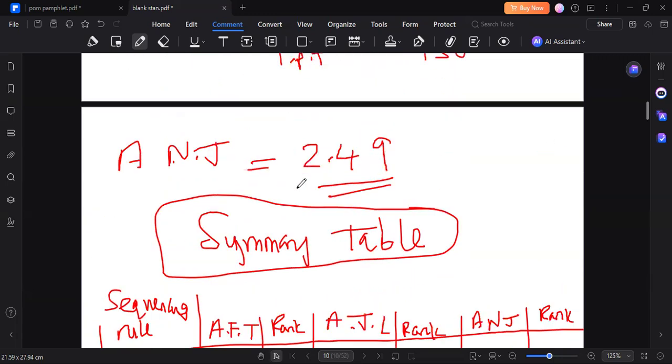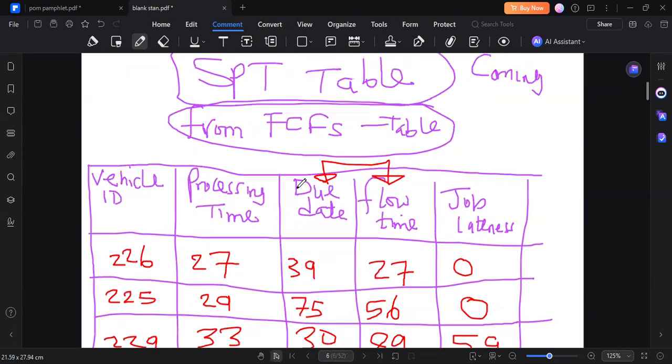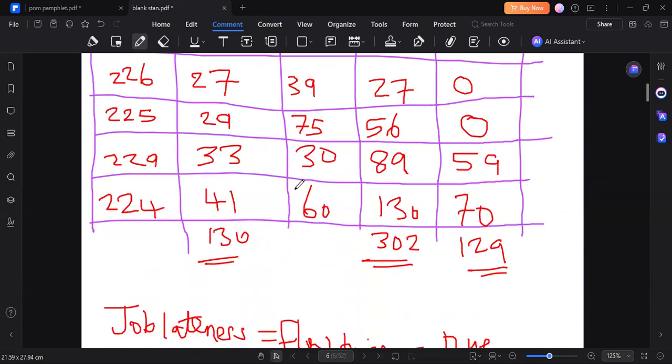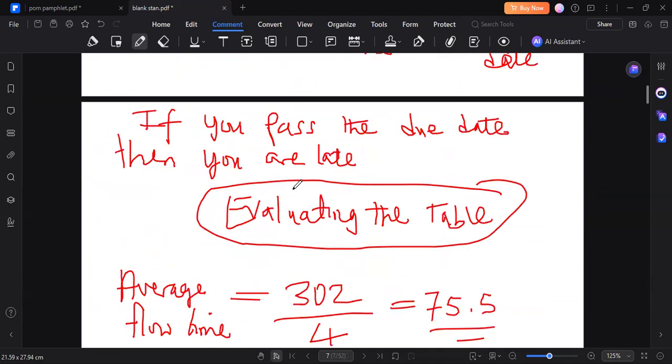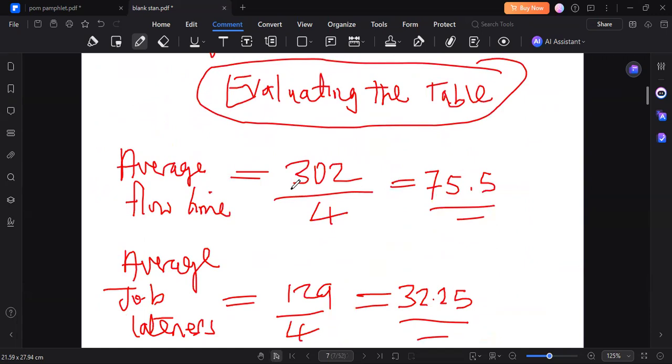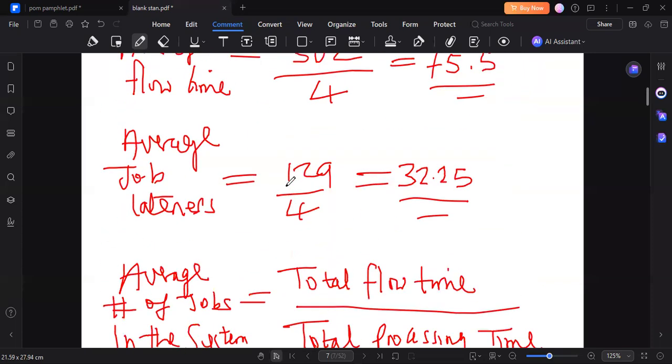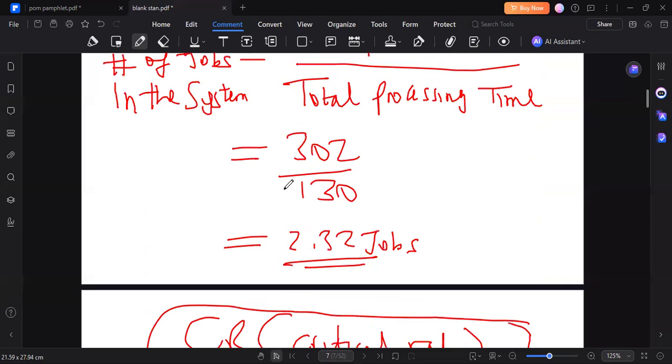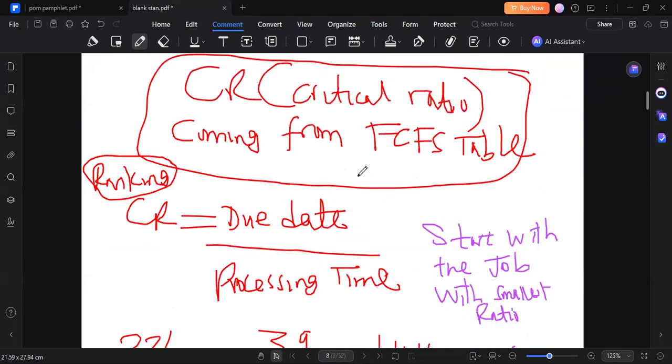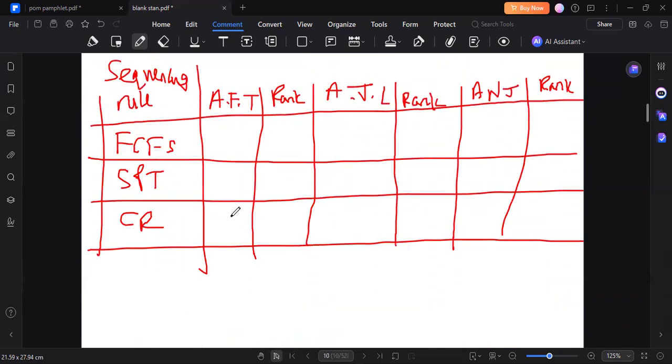So for first come, first served, average flow time was 75.5, average job lateness was 32.25, average number of jobs 2.32.